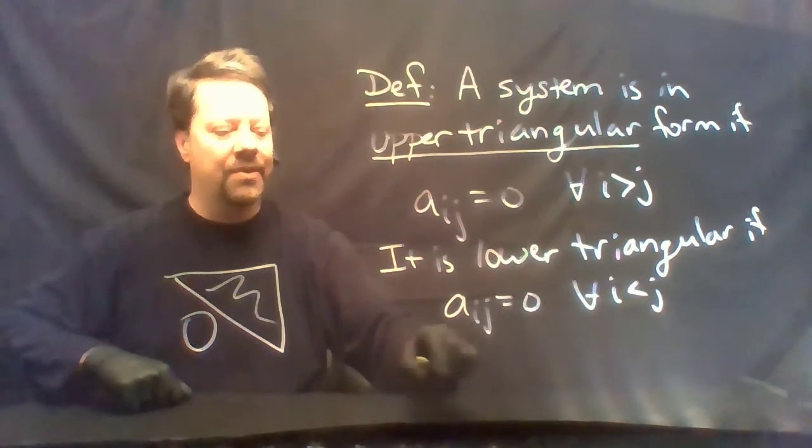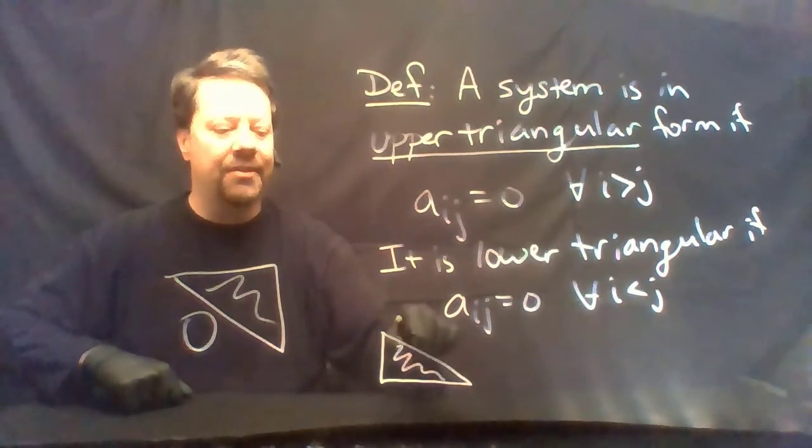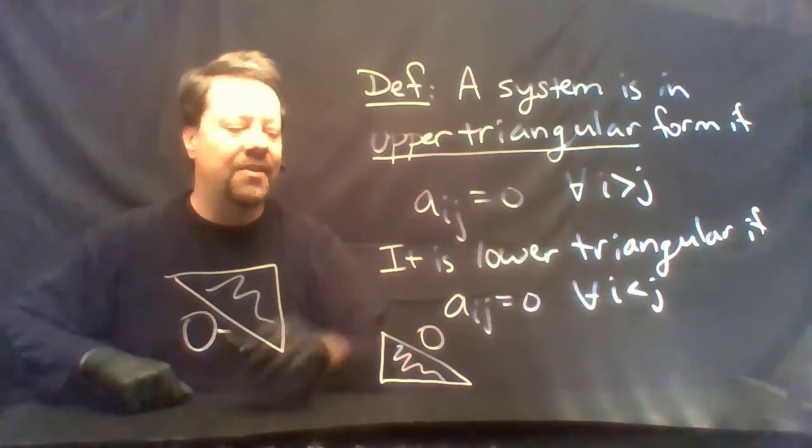So lower triangular matrices or systems will have non-zero stuff below the main diagonal and including the main diagonal, but zeros above.